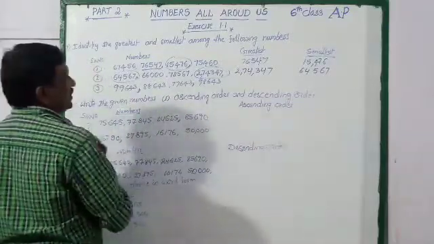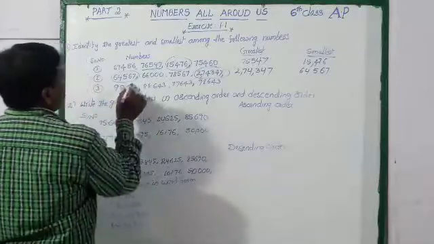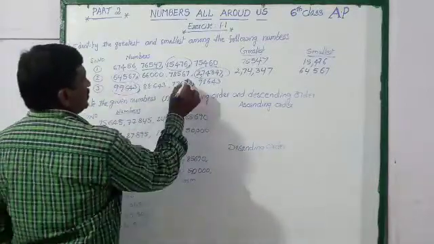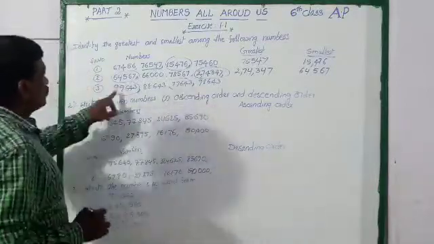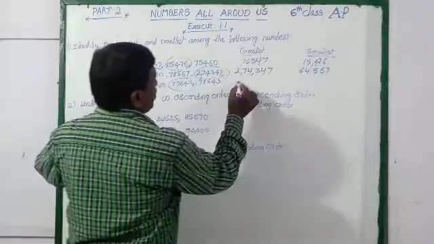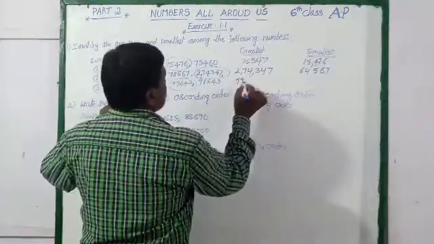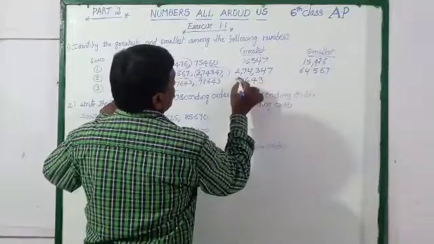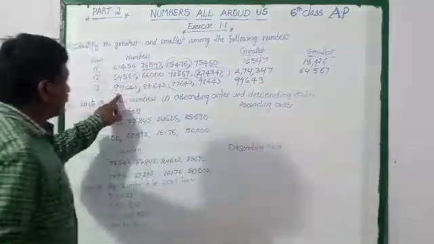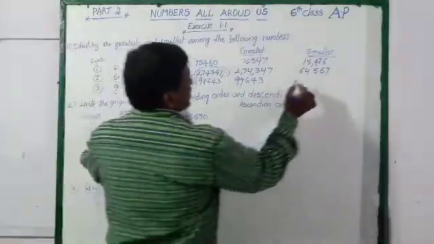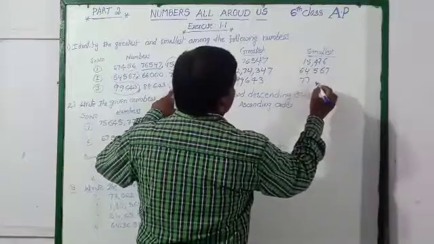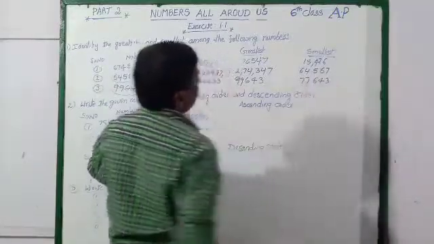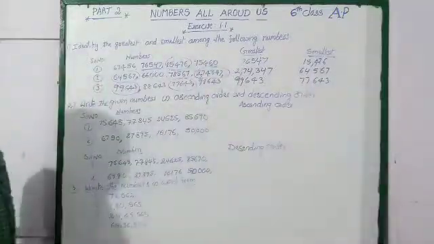Which is the greatest and which is the smallest? The greatest is 99,643. The smallest is 77,643. So greatest to smallest.